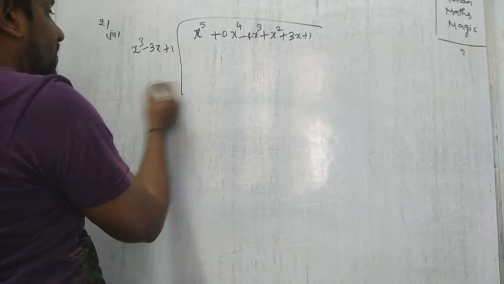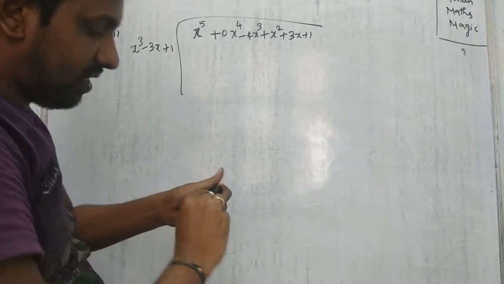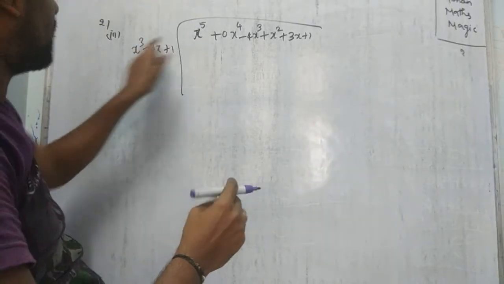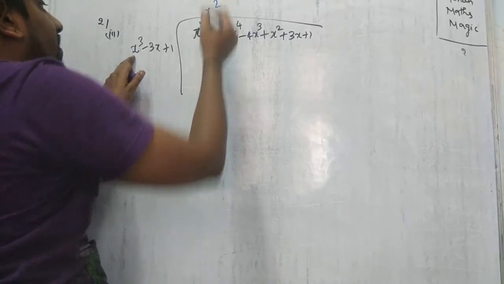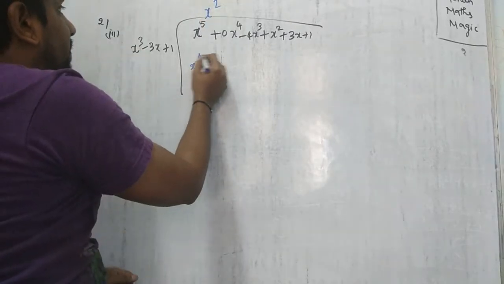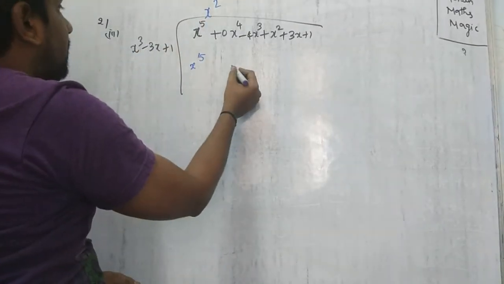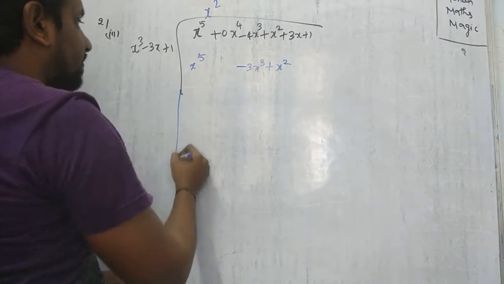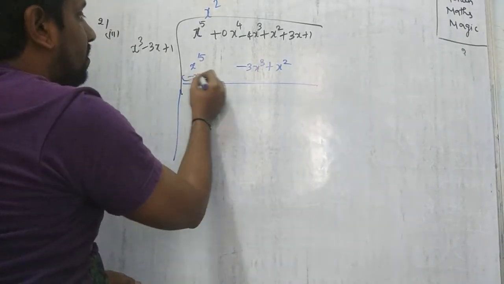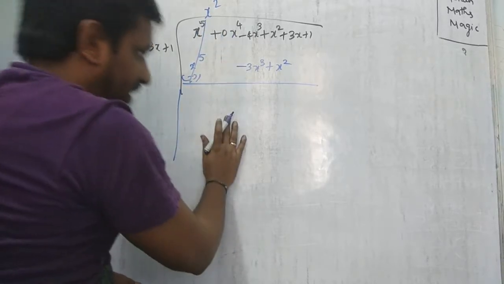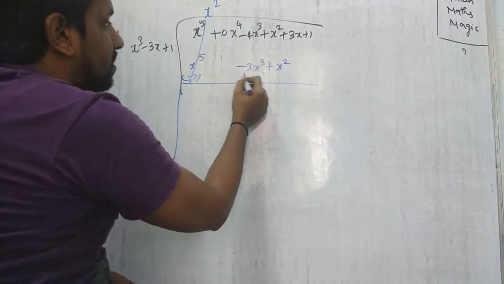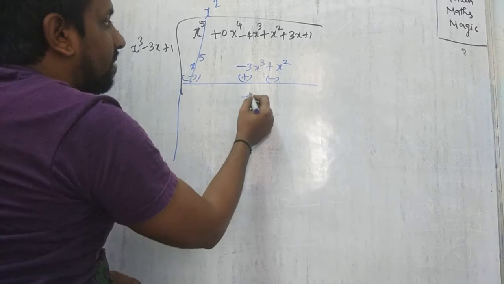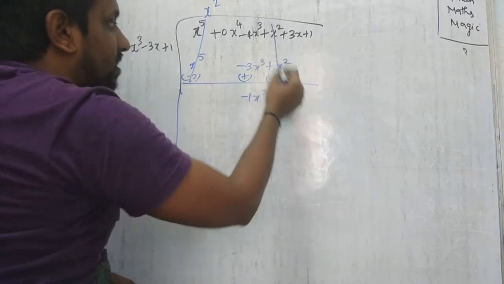Now first term by first term. x power 5 by x power 3, I got x square. Now multiply: x power 5 minus 3x cube plus x square. Now change the symbol. Here 0 is coming, no need to pull down. Minus 3, change the symbol. I got minus 1x cube. It got cancelled.